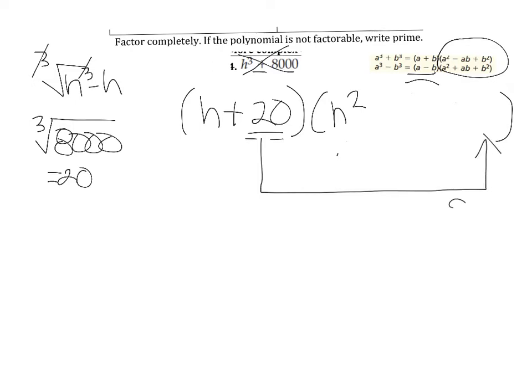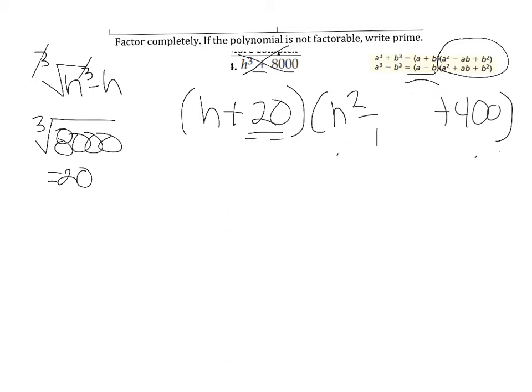So we're going to square the 20, and when we square 20, the calculator says 400. If you look at the pattern for addition, it says that after the h squared, the sign should be a subtraction, and the last term should be a positive.